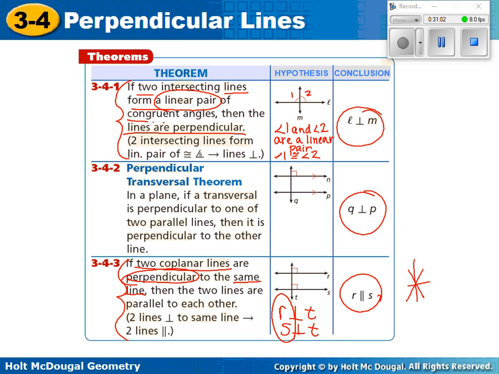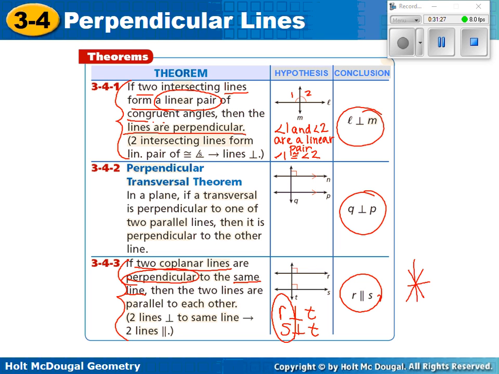So when I'm writing that down over here, trying to think of how to word that, I'm going to say if congruent angles form a linear pair, then the lines are perpendicular.